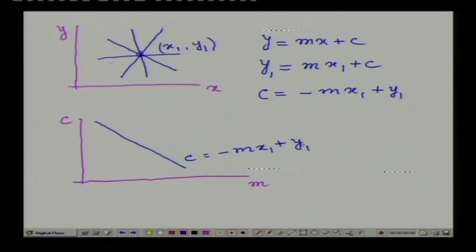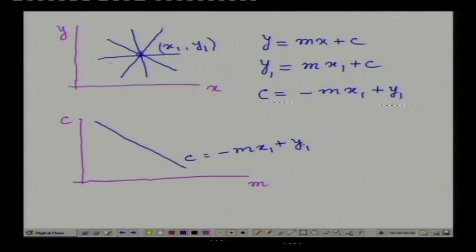So, we have seen two cases: in one case a straight line in the x y plane is mapped to a point in the MC plane, and in the other case a point in the x y plane is mapped to a straight line in the MC plane.